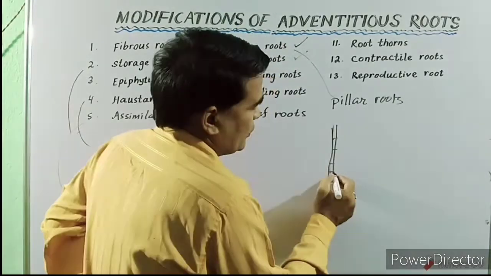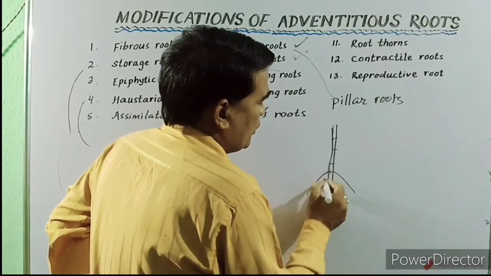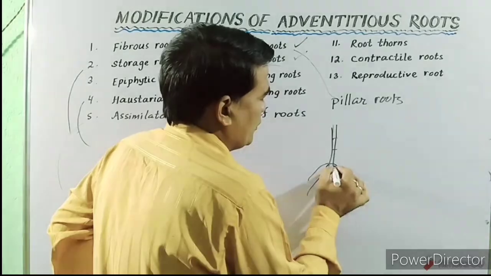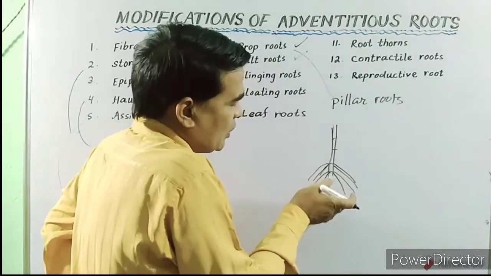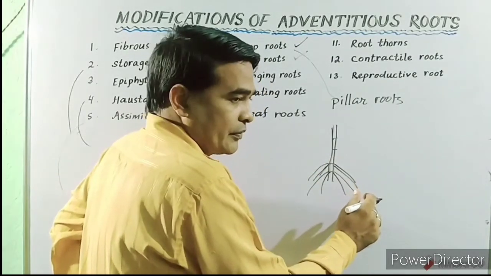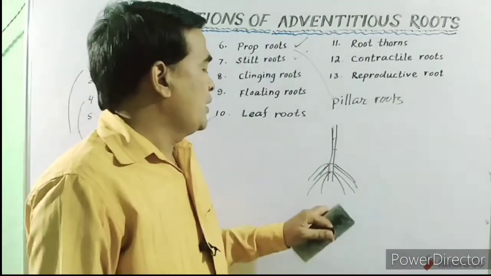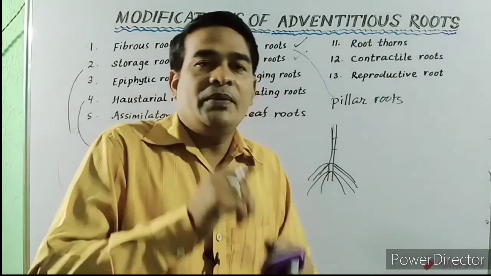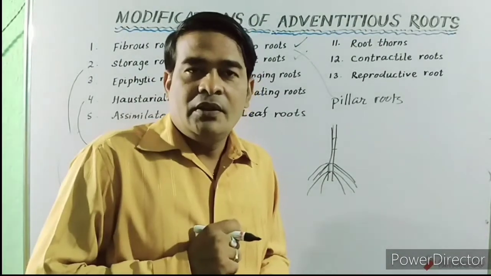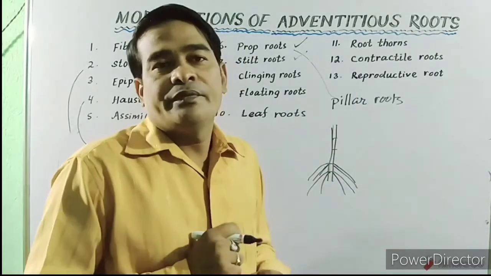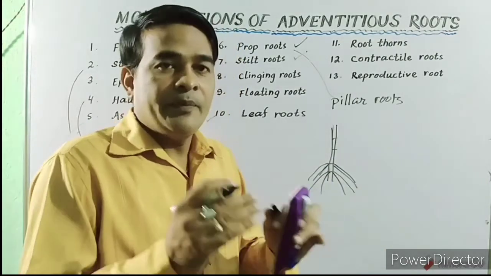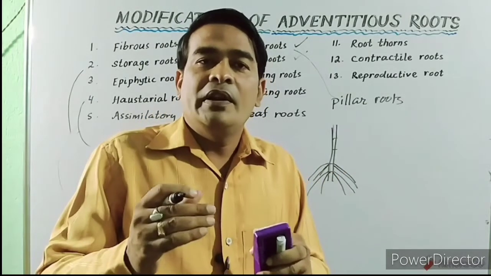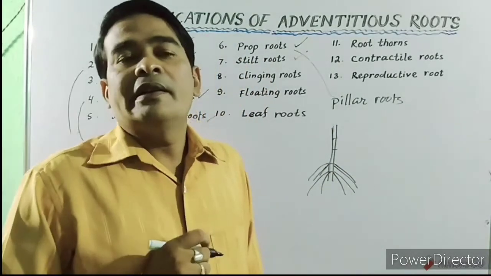From lower nodes, several roots arise in whorls and penetrate the soil obliquely. Okay. Now, after penetrating the soil, they develop several fine branches for proper anchorage of the plant. They support the upper part of the plant like a rope on a pole or a tent.